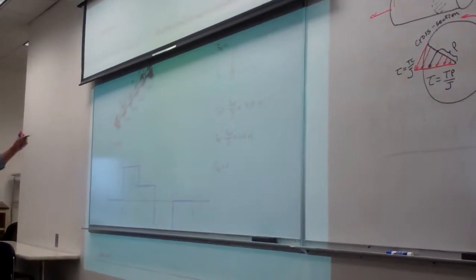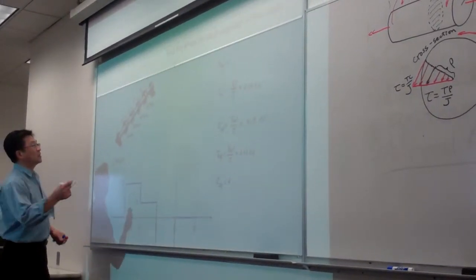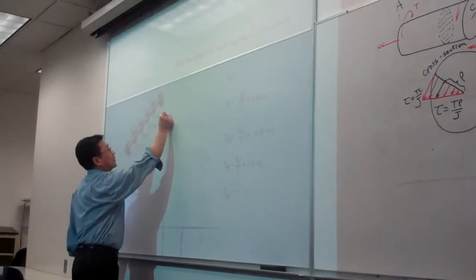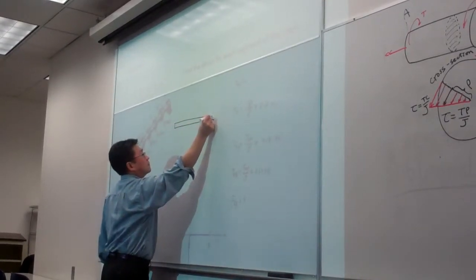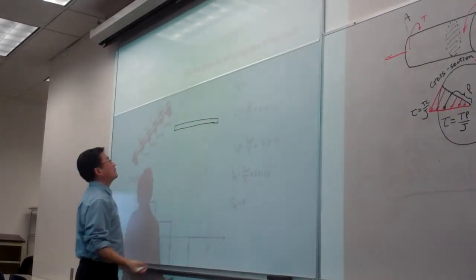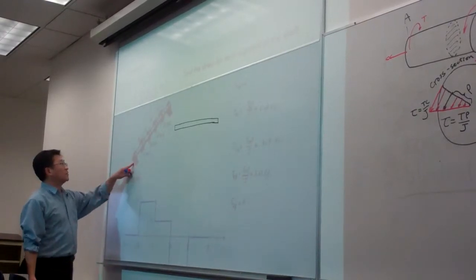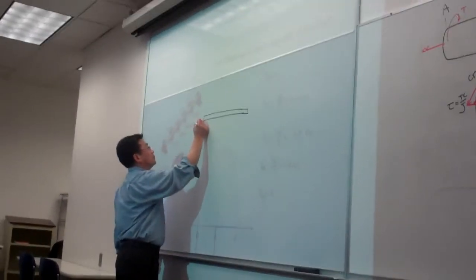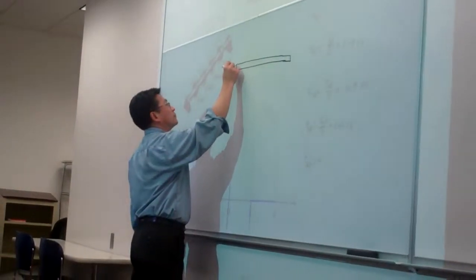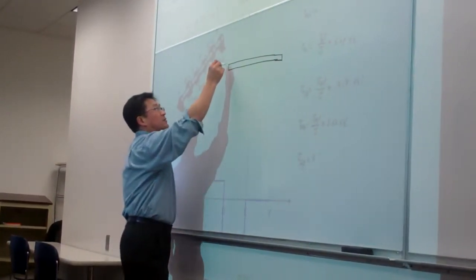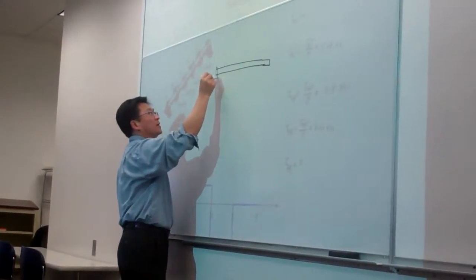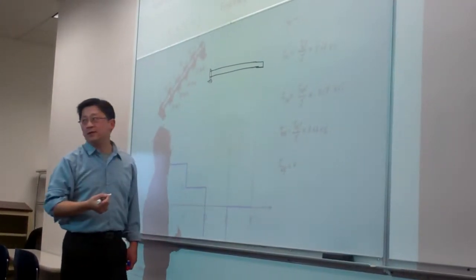Let me redraw this pattern, as it is not so clear. If we have a shaft, it is supported by a mechanism we call a bearing.